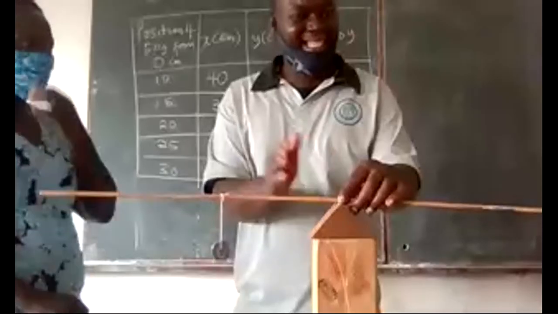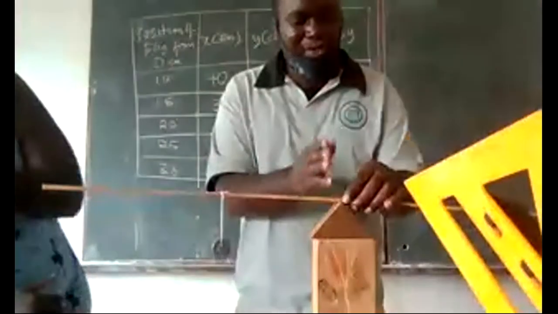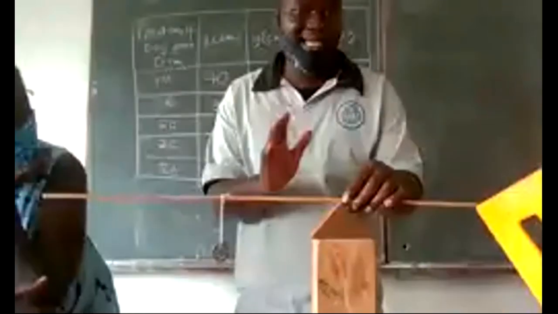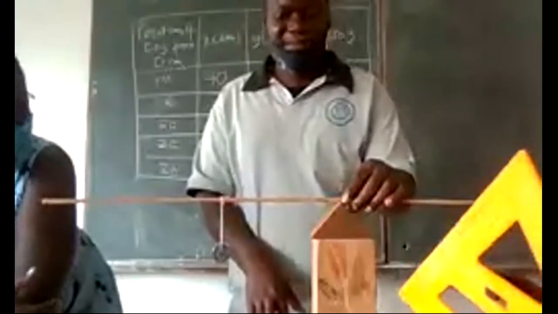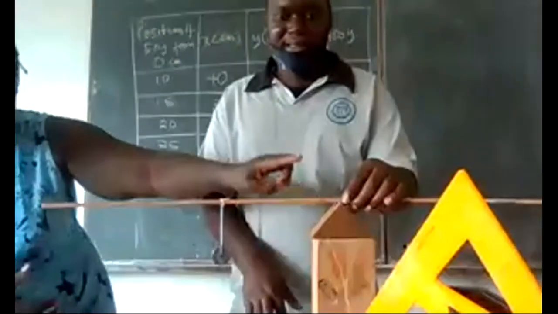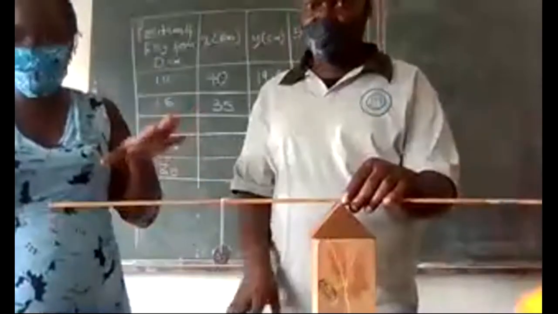Moment of a force is the product of the force and the perpendicular distance from the point to the line of action of the force. So we don't consider any distances. It is that perpendicular distance from the turning point, which is called the pivot or the fulcrum, to the line of action of the force. This 50 centimeter mark, we considered it because before we put any of these masses, that is where the ruler was balancing from.